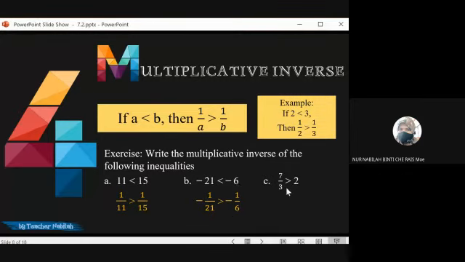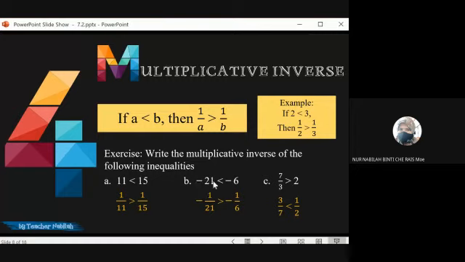And then how about this? 7 over 3 more than 2. For this one you just change the fraction, you just overturn the fraction. 7 over 3 will become 3 over 7, because this one is already a fraction.